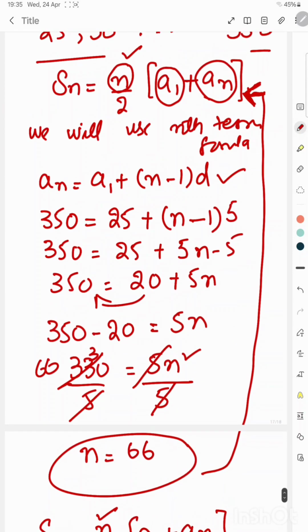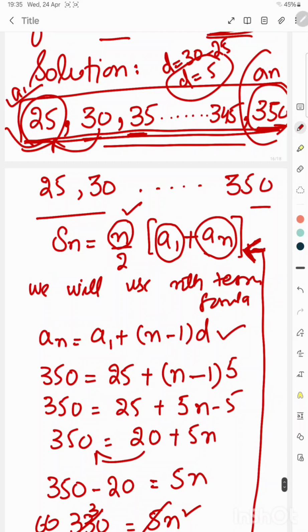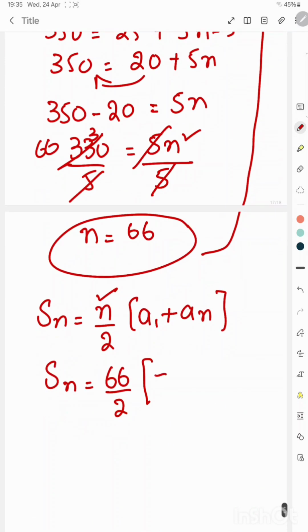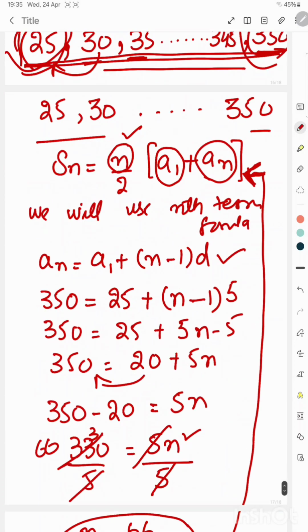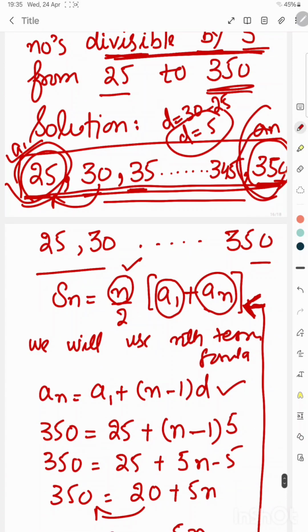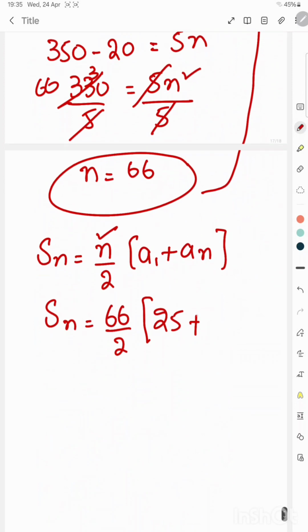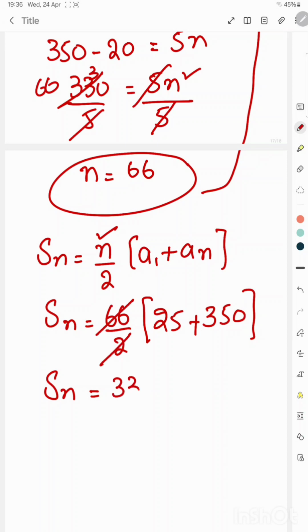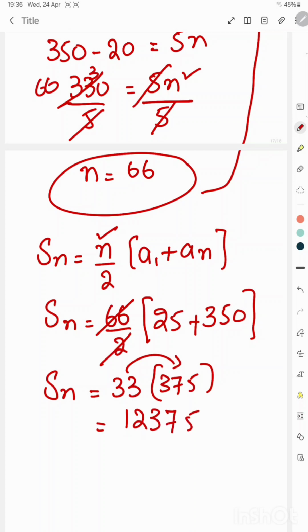a1 is the first value of the sequence, and the first value of the sequence is 25. So here I will write 25, and the last value of the sequence is 350, so I will write 350 here. Now you just have to solve this and you will get the answer. 25 plus 350 is equal to, just give me a second, 375, and you have to just multiply both terms and you will get 12375.